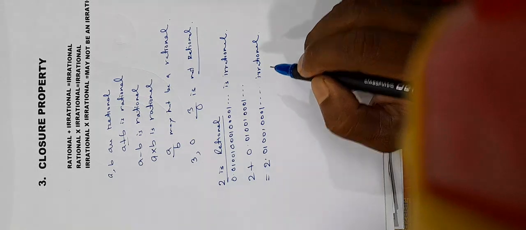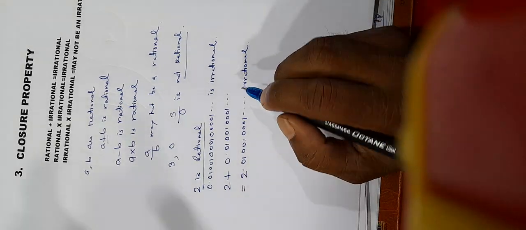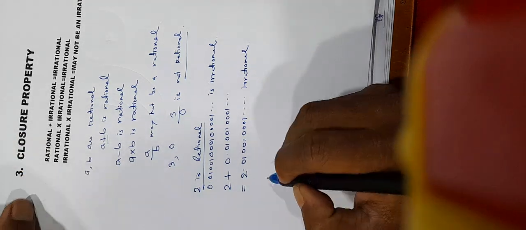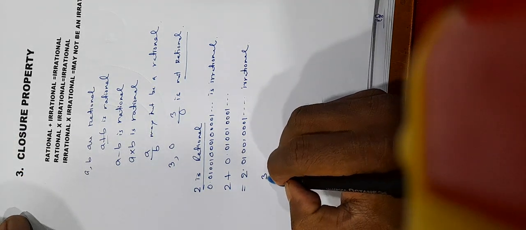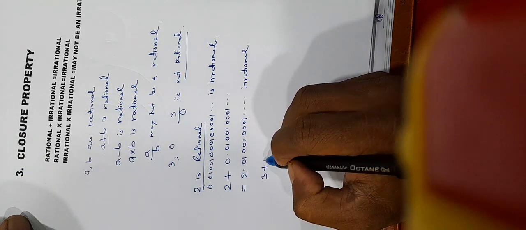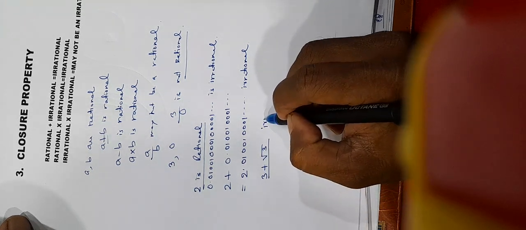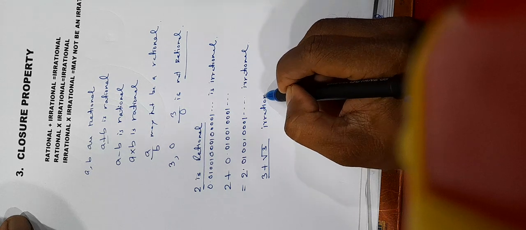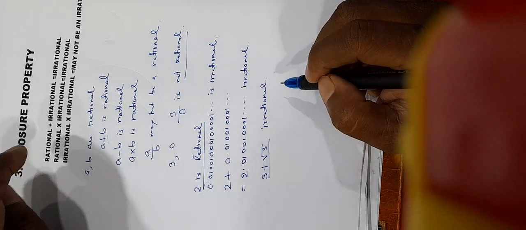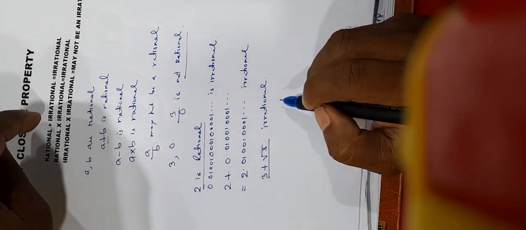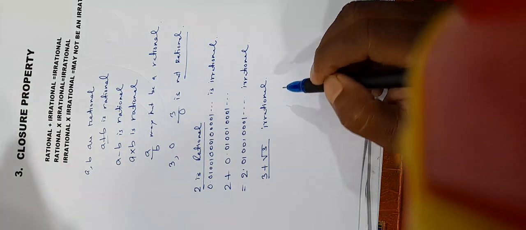So you find that rational number plus irrational number is irrational, right? Similarly, say 3 is rational, square root of 3 is irrational, so this sum is irrational. The sum of a rational number and an irrational number is irrational.